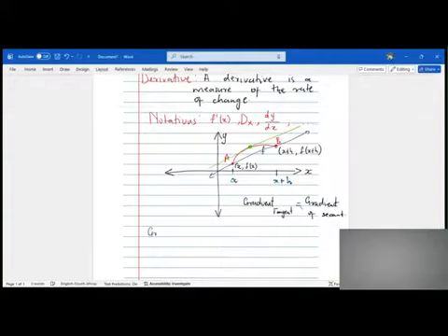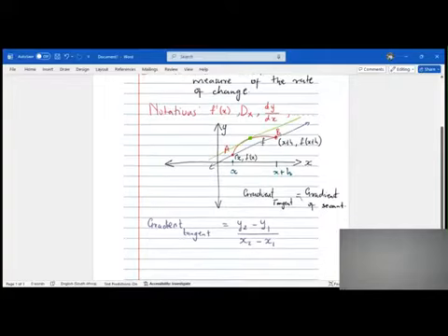So from there, we can then say the gradient, which is the rate of change, the gradient of the tangent line is actually y2 minus y1 over x2 minus x1. Okay, so that's what we have there.